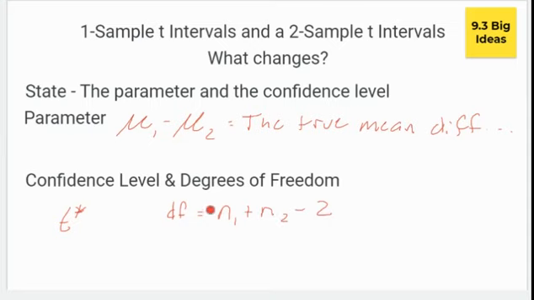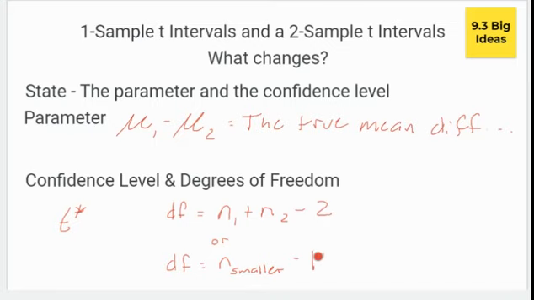That's one way that we could find the degrees of freedom. Or we can be a little bit on the conservative side and take the smaller sample size, whichever one is the smaller sample size, and subtract 1, and that will give us the degrees of freedom.